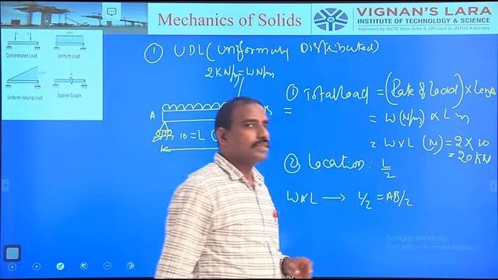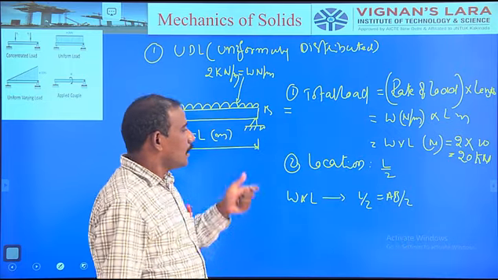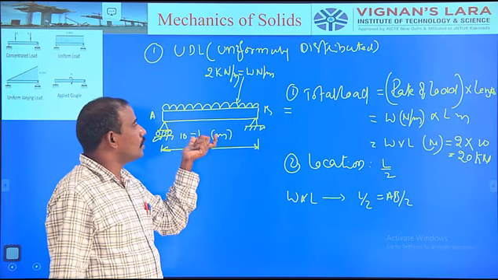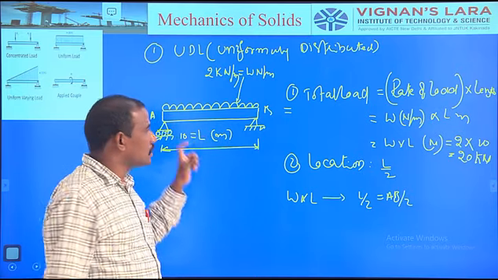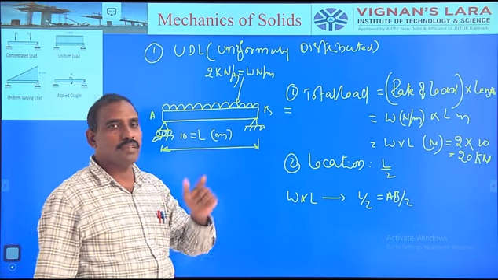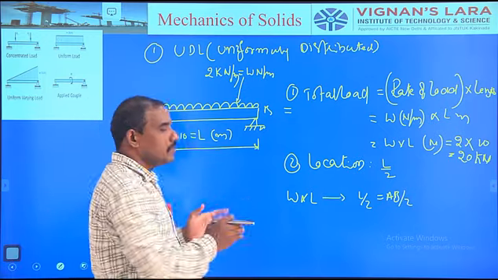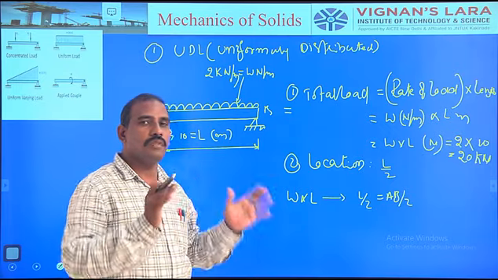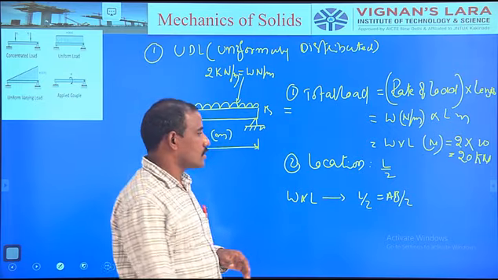The 20 kilonewtons is concentrated at the midpoint of the length over which the load is distributed. This statement is very important. You have to take the midpoint of the load distributed over a distance, not the entire span.